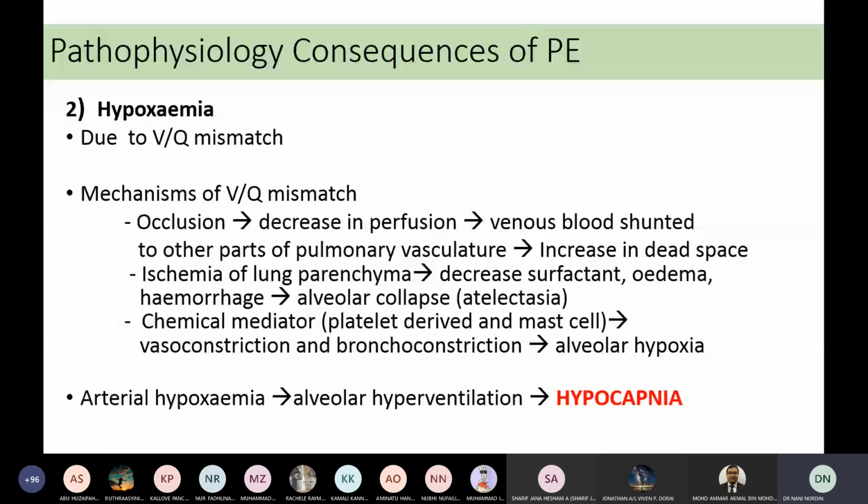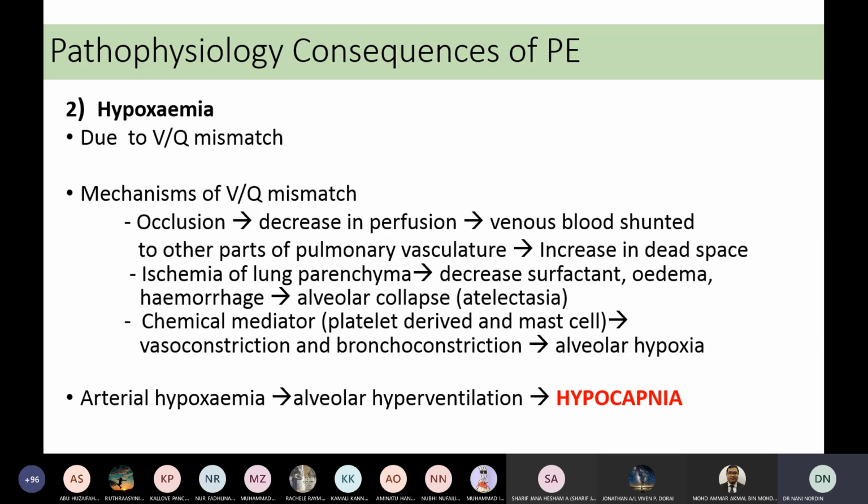That means more flow than ventilation, because the ventilation is not affected. The mixture of this contributes to the mismatch, because eventually this will sum up into how much PaO2 is in the blood, right?